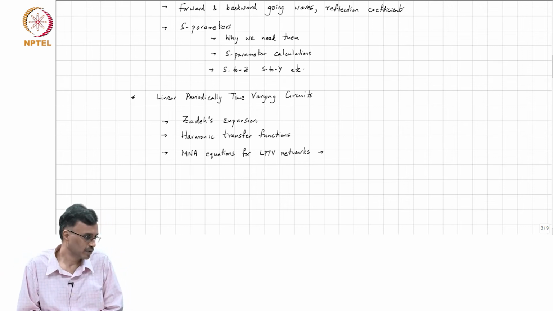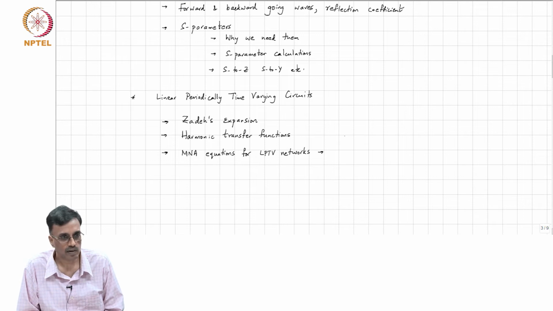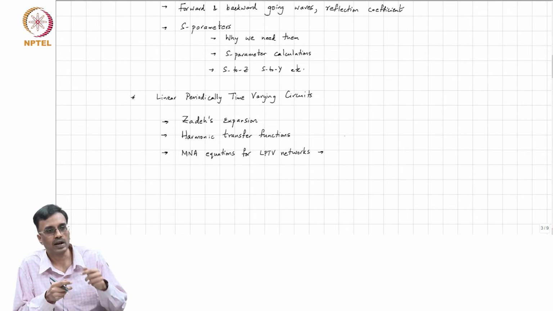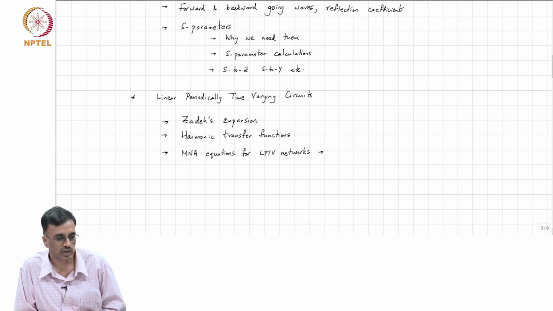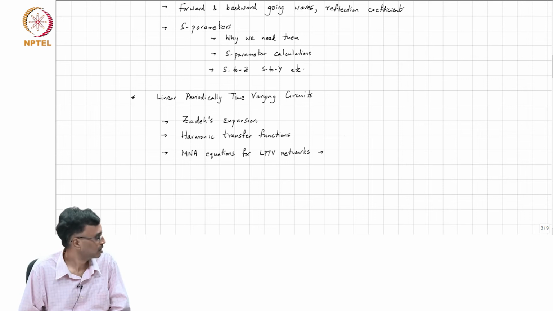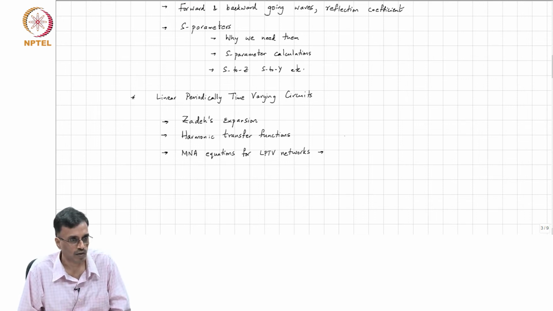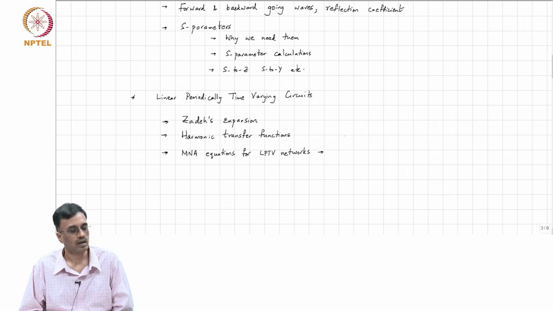Earlier in a time invariant case, you just had one phasor. Now you have to keep track of all frequencies of the form f plus k times fs, but the form of the equations is very similar to what you see in the linear time invariant case, only each element is a vector.